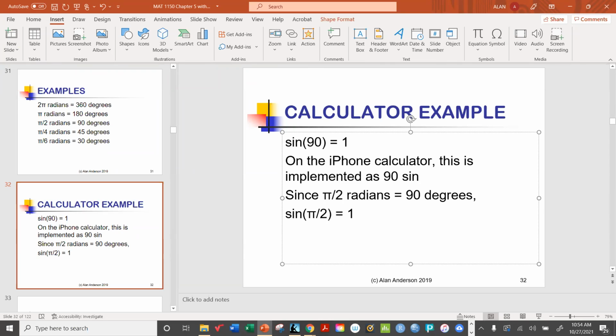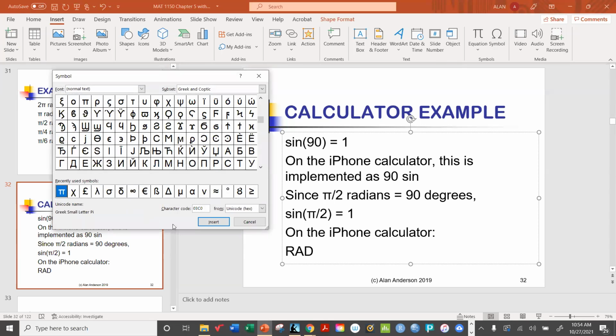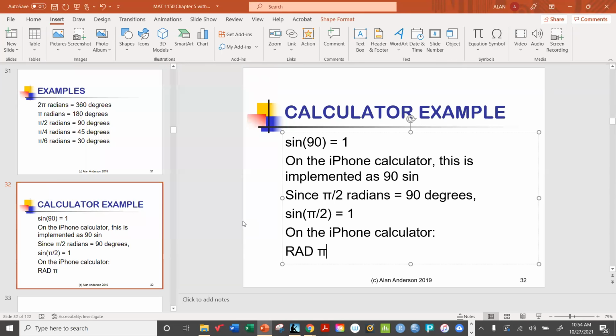So on the calculator, you would hit the radian button and then hit the pi button. But you have to hit divided by 2 equals and then hit the sine button.